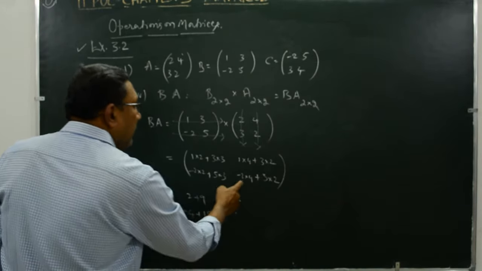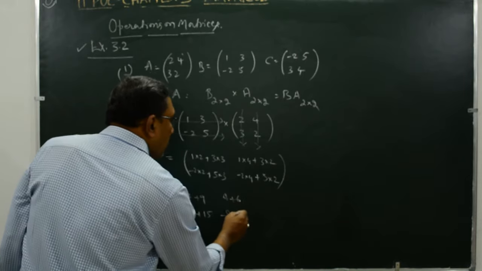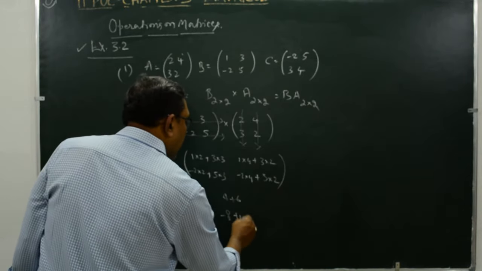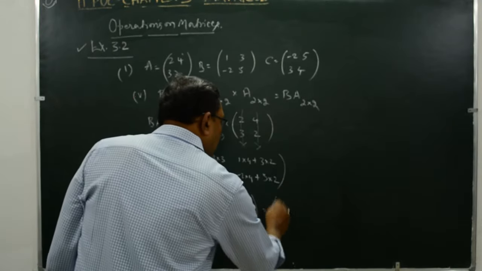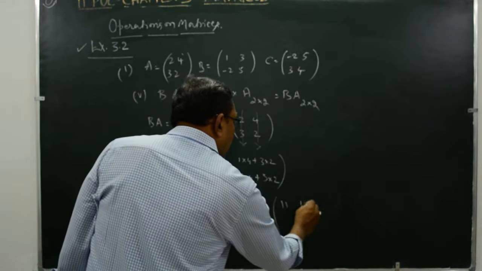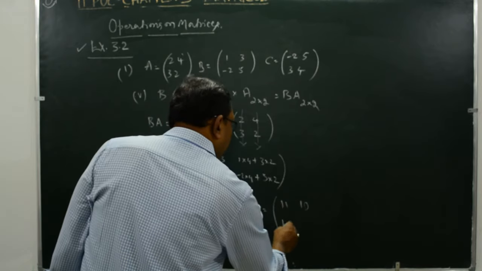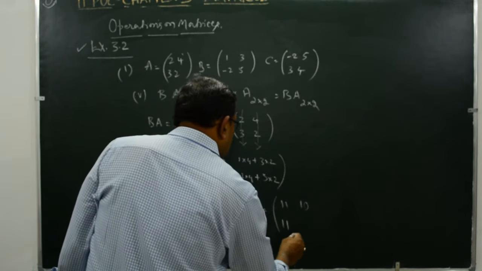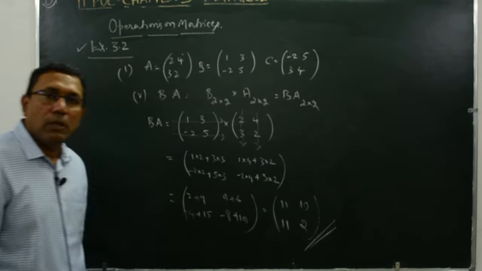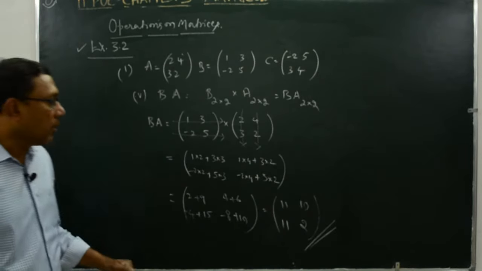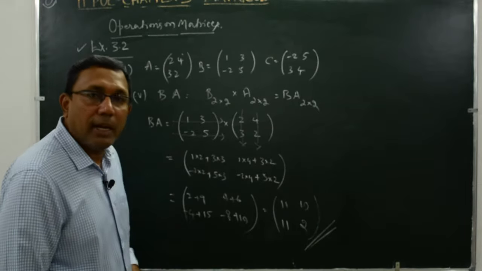Here minus 8 plus 5 2s are 10. Therefore, the resultant matrix will be 9 plus 2 is 11, 10, minus 4 plus 15 is 11, minus 8 plus 10 is 2. So, this is the matrix multiplication of B and A.